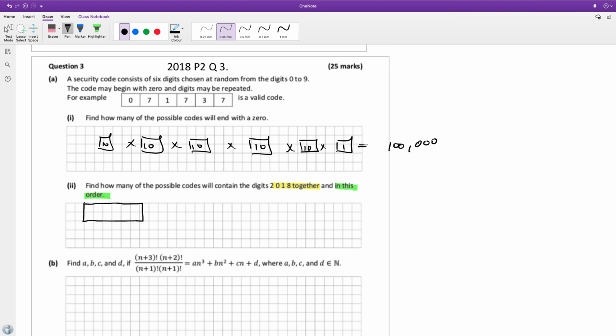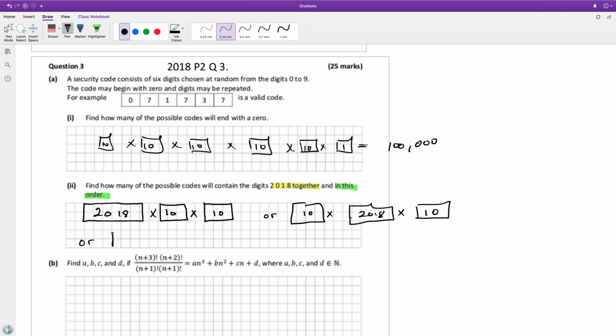So one 2018, and what's left then? 10 by 2018 by 10, or 10 by 10 by 2018, or 2018 by 10 by 10. Right, off you go and work out that probability for yourself.